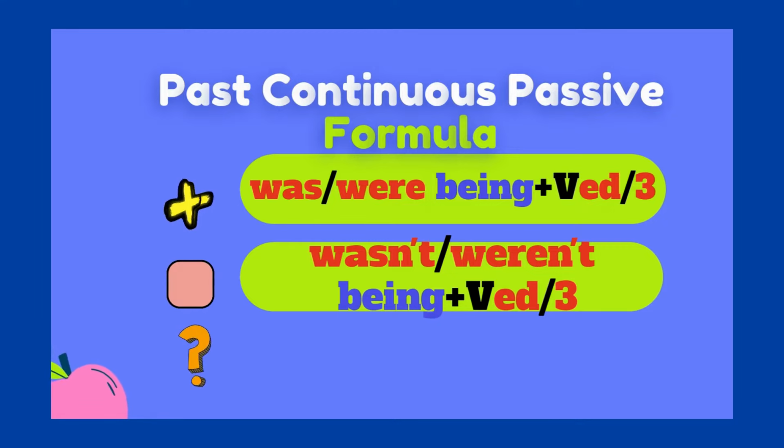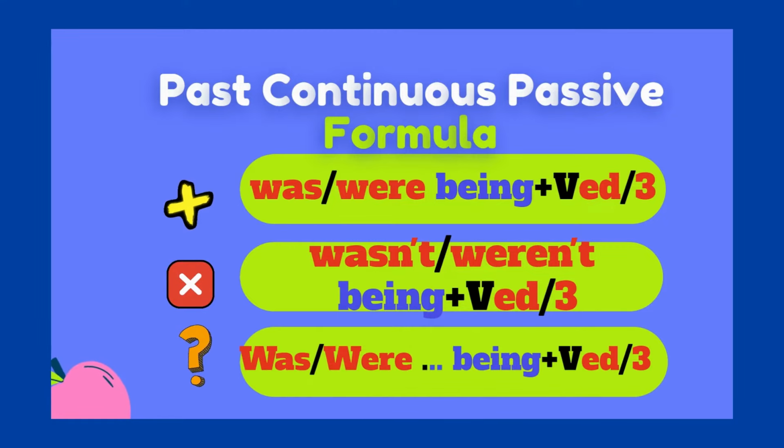In interrogative sentences we use was, were, then the subject, then being, plus the verb with the ending ed or the third form of the irregular verbs.